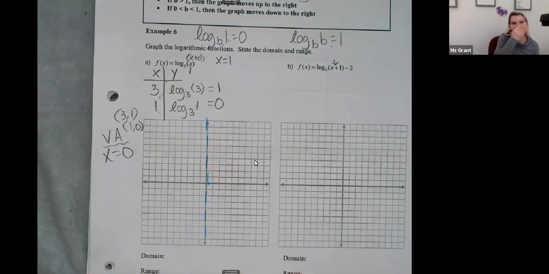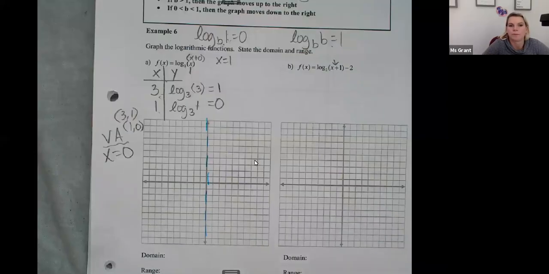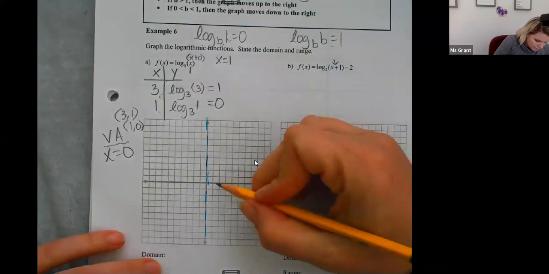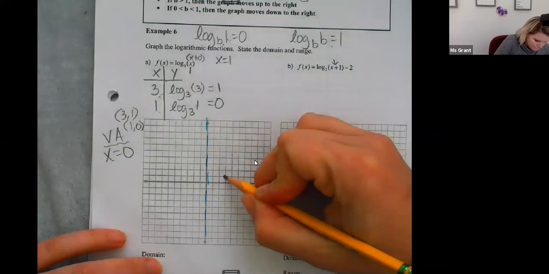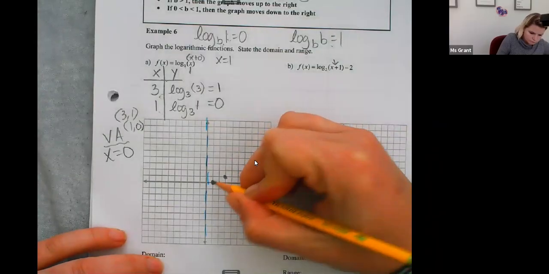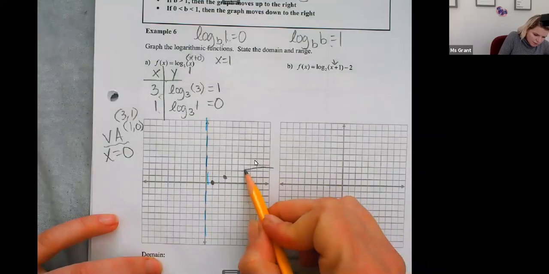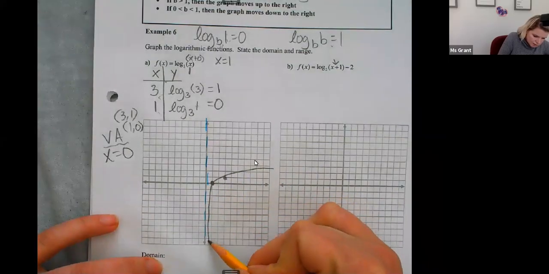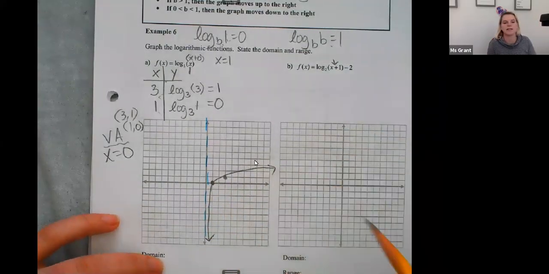All right, here we go. So 3, 1: over 3, up 1. And then over 1, up 0. The shape of a logarithmic graph looks like this. It gets really close to that vertical asymptote and it never touches.